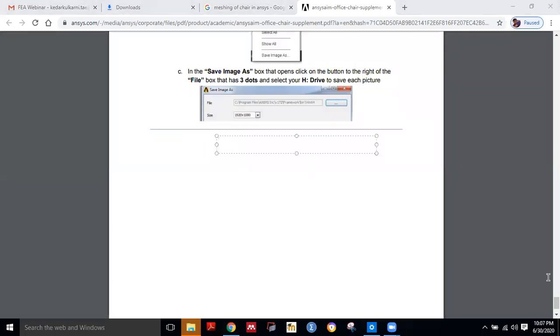That is, first one, modeling. Second one, meshing. That is our FEA, which I am teaching you now. Modeling, meshing. Third one, applying boundary condition.